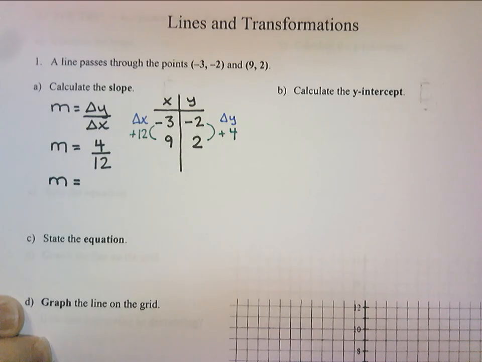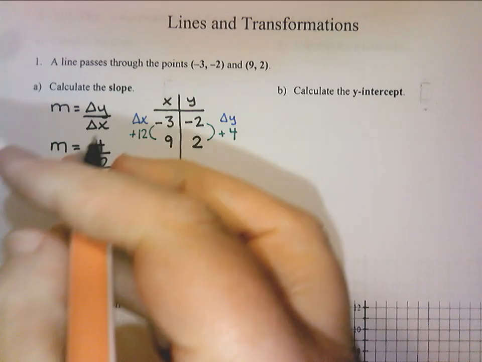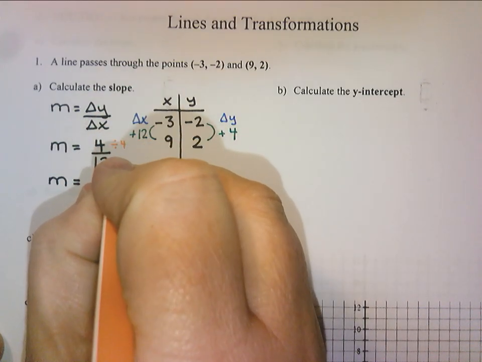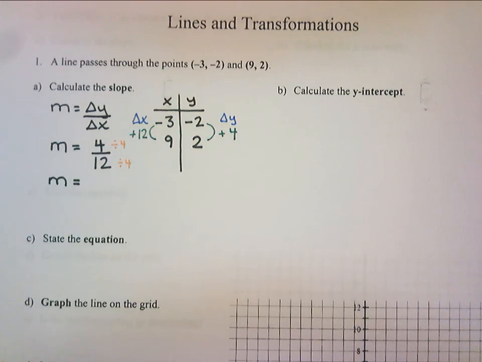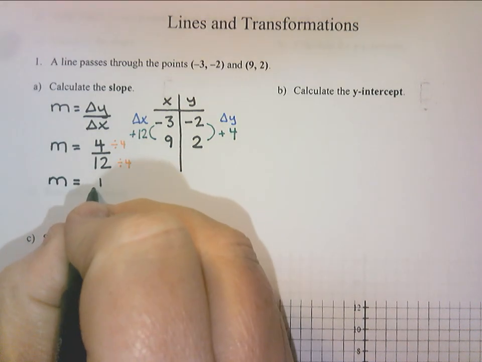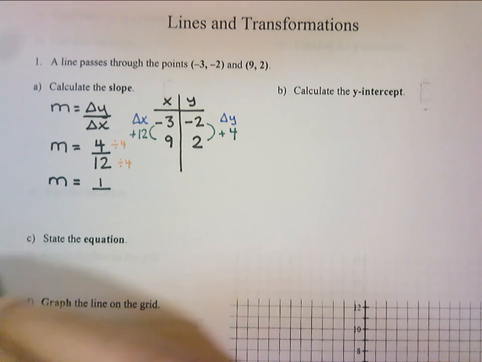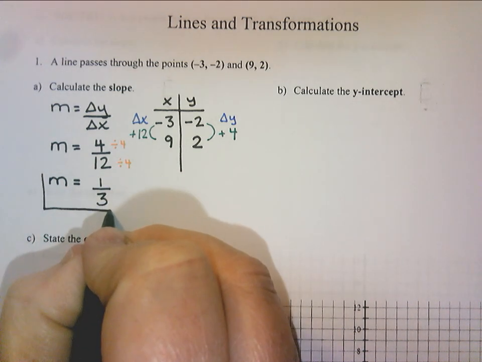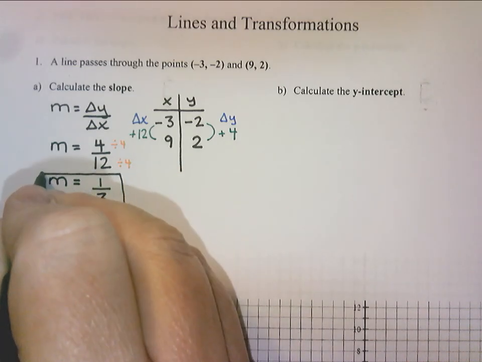So I know that 4 and 12 both divide by 4. So I can divide the top number by 4, and I can divide the bottom number by 4. 4 divided by 4 is 1, and 12 divided by 4 is 3. So my slope for this line is 1/3.